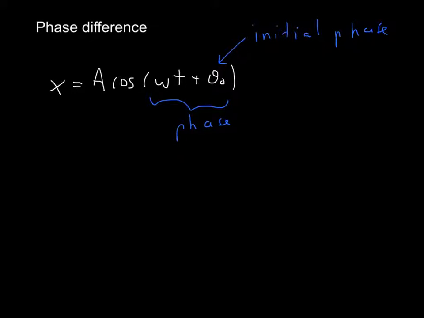Now, it could be that for 2 points, for example, I have something that's oscillating, and at a given time, let's say t equals 1, this phase is, let's say, pi. And at another time, t equals 2, this is 2 pi. So the phase is different, right? Well, we can actually calculate the difference between these 2 phases, and we call it the phase difference.